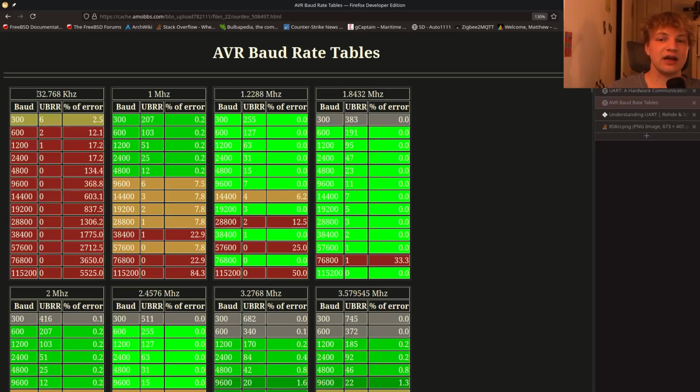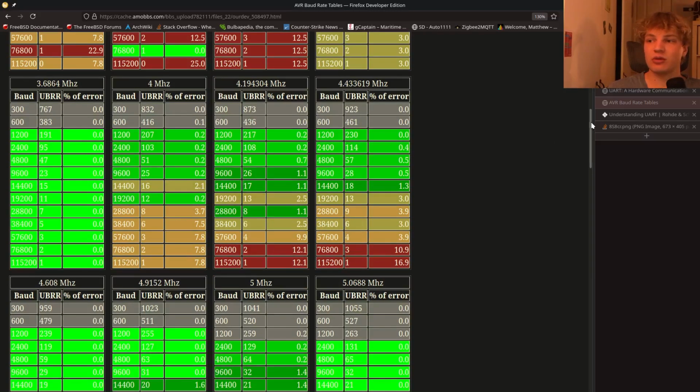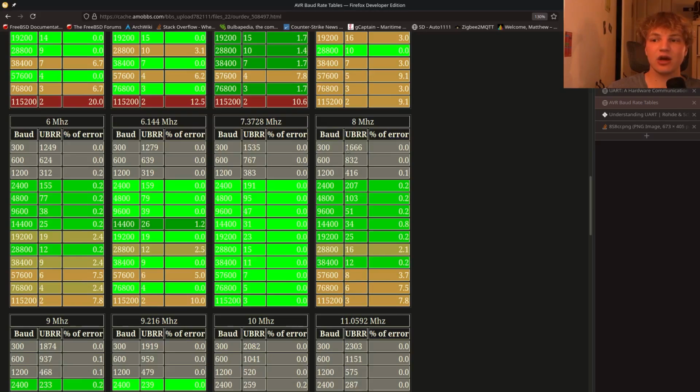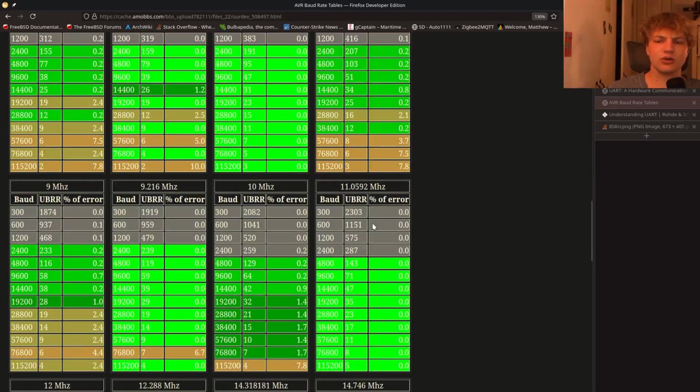So for instance, over here at 32,000 hertz, it's horrible across the board. You don't want to use any of these baud rates. If you scroll down to some of the more typical MCU frequencies for an AVR, you could see 8 megahertz here. We've got very low error rates if you use these baud rates. But then as the baud rates get faster, so these ones here, your error rate gets a bit higher, and so on and so forth.